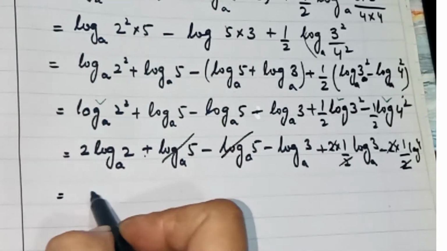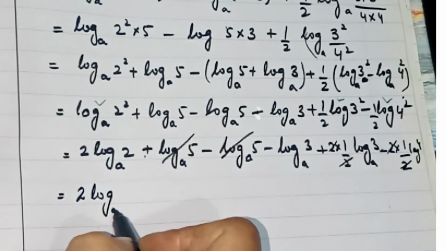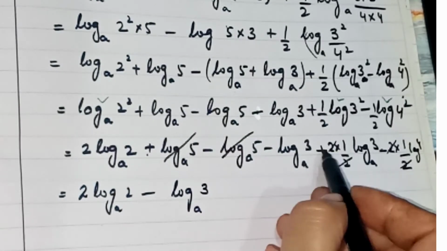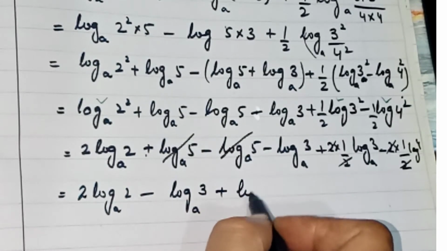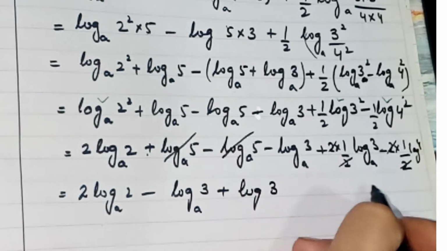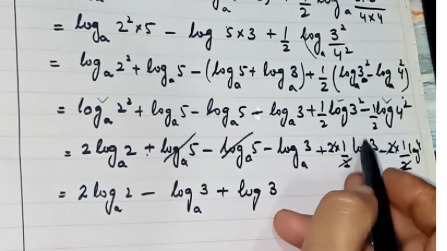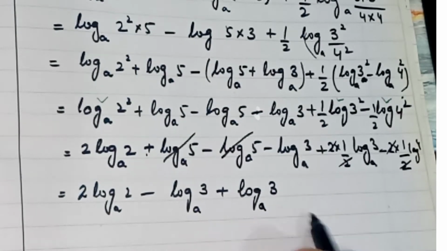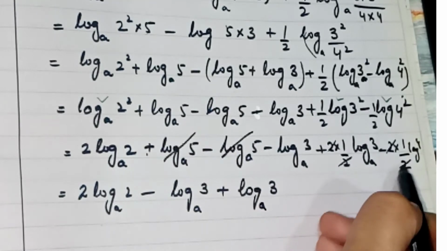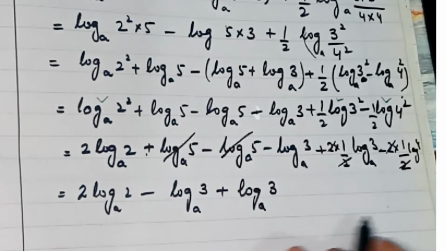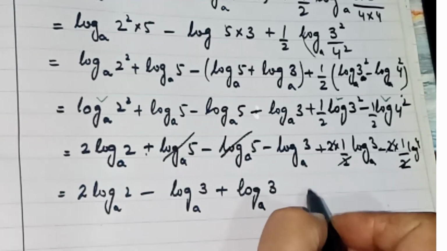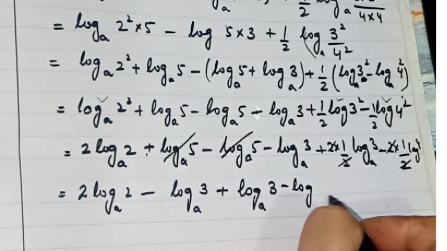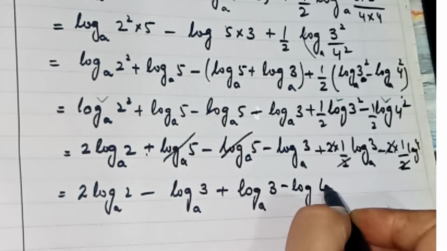What we are left with, 2 log 2 minus log of 3, this will be plus log of 3. The 2 and 2 will cancel each other, this term will remain with 1 only, so we don't have to write 1, so I am writing it like log of 3, and this 2 and 2 will cancel each other, and this term here we are left with minus log of 4.